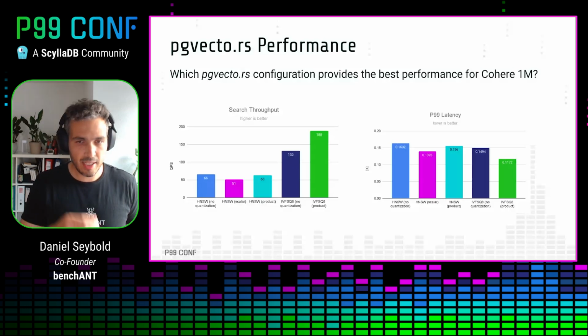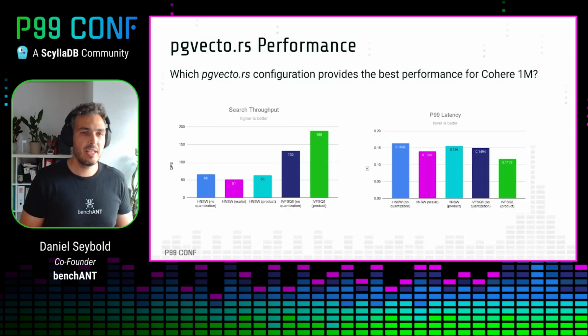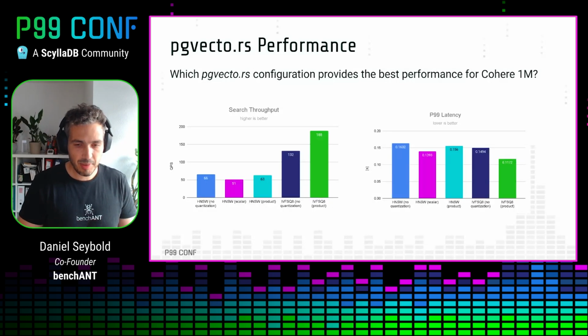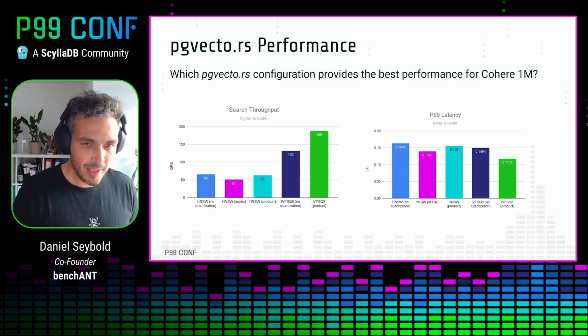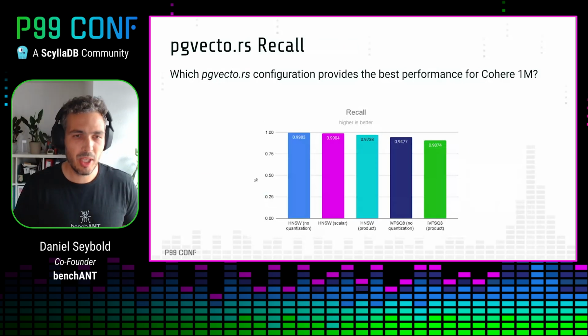And again, latency is lower. The interesting aspect here is that if we use quantization, we have to keep in mind that this will impact our recall. And if for that case we look at the recall results, we have roughly 10% less recall compared to HNSW.